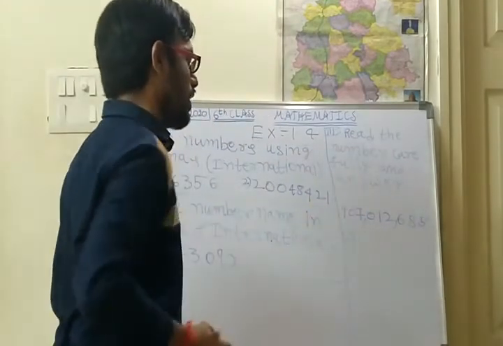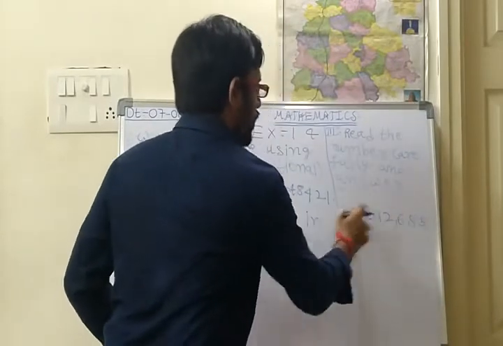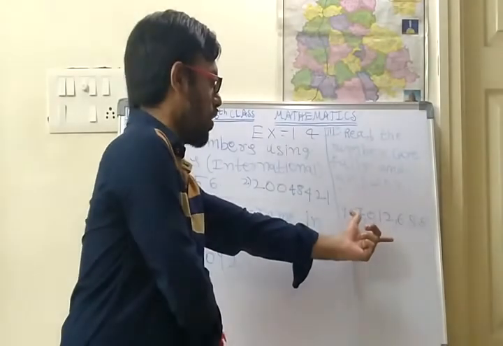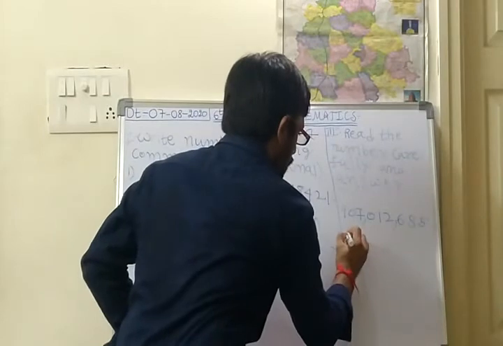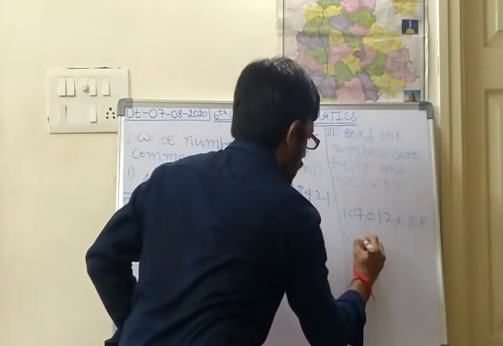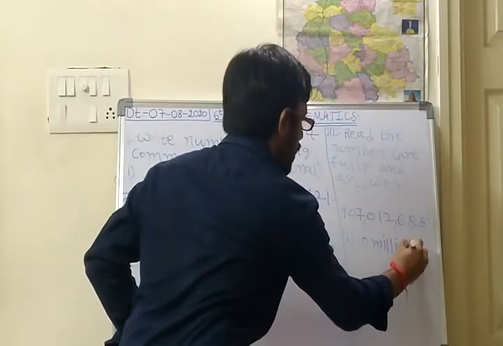After identifying the commas and whichever system it is, you keep the place names. Okay, so first one: the 10 millions digit.